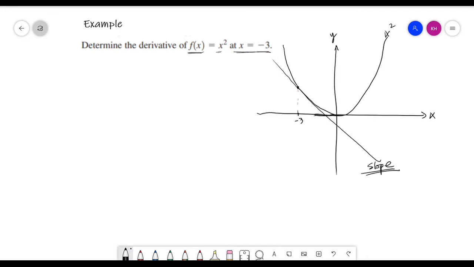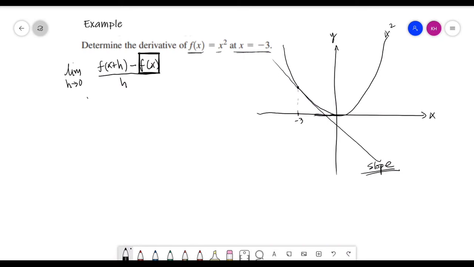So how do we do that? We are going to use our limit formula: limit of h going to 0 of f of x plus h minus f of x, divided by h. I'm going to break it down step by step. Let's first do f of x.